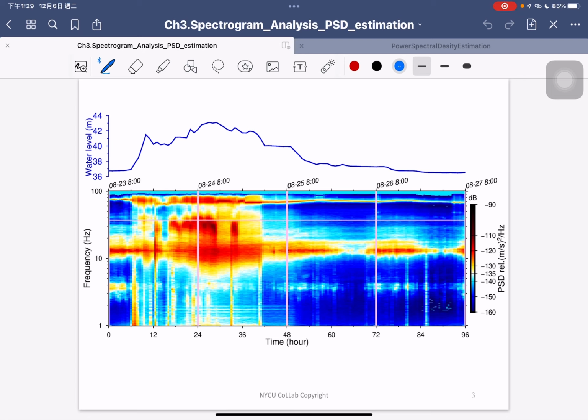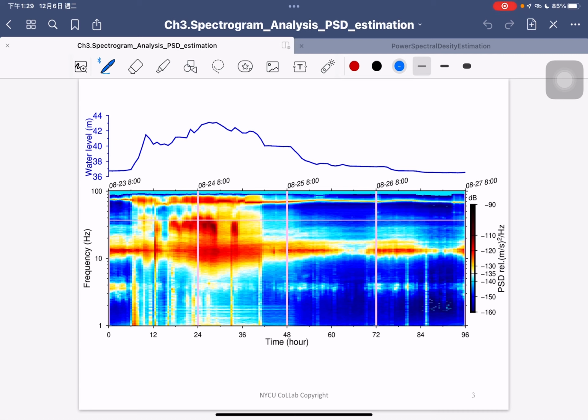Even if you don't know anything, if you take a very quick look, you can find some relationship between the PSD and the water level, right? As you can see, this water level is quite flat, so you may see some strong signals on the map, but there is no correlation.